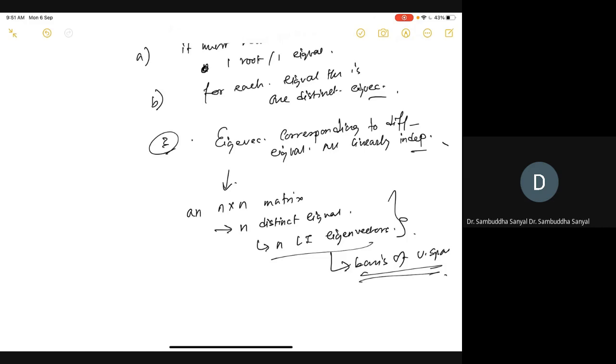This is a very important property, and it will appear extremely frequently in various contexts of quantum mechanics.